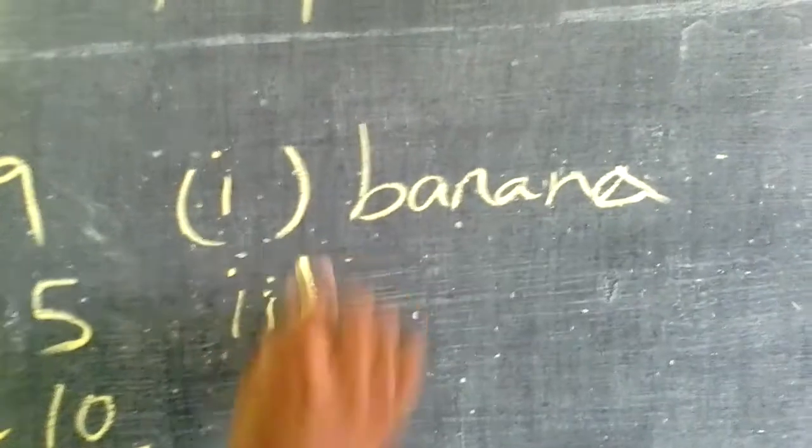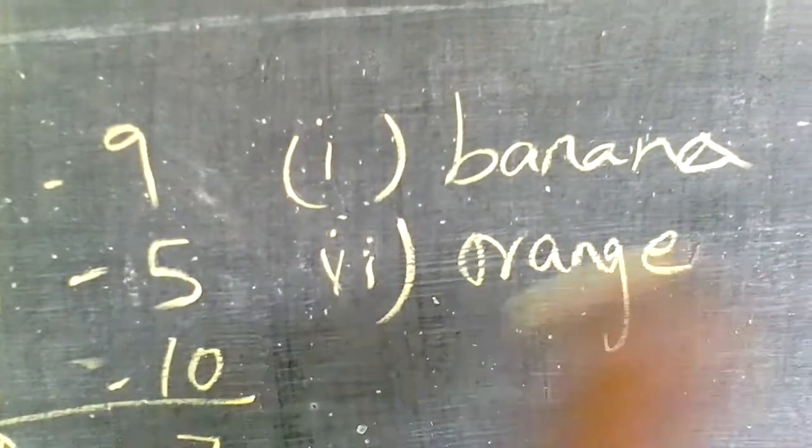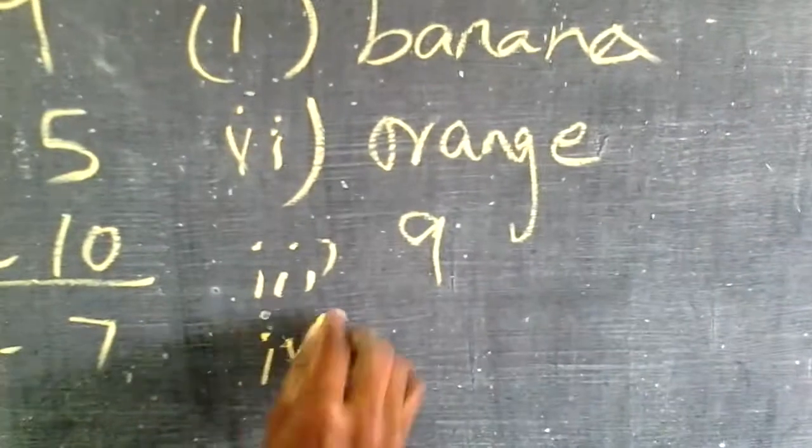Second is the orange because it is 5. And third one, find the number of apples sold. How many apples sold? Already we have counted, so it is 9. Then fourth one, write the number of bananas sold. How many we have counted already? It is 10. So directly we can write.